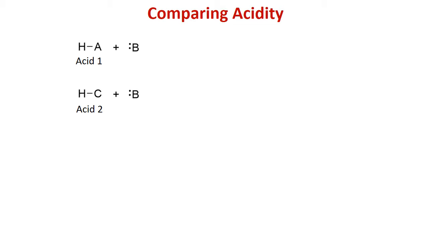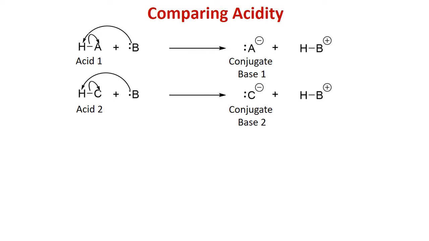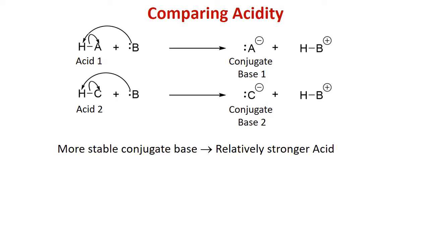In this particular case, the base B abstracts protons from HA and HC to generate the conjugate bases A- and C- respectively. In this scenario, if the conjugate base A- is relatively more stable than C-, then the corresponding acid HA will be relatively stronger than the acid HC.